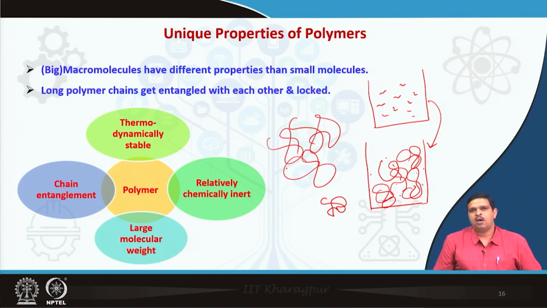So, most of the polymers remain as coil-like polymers, where you have sp3 hybridized centers. If you just refresh your memory, sp3, sp2, sp hybridized carbon or nitrogen centers.